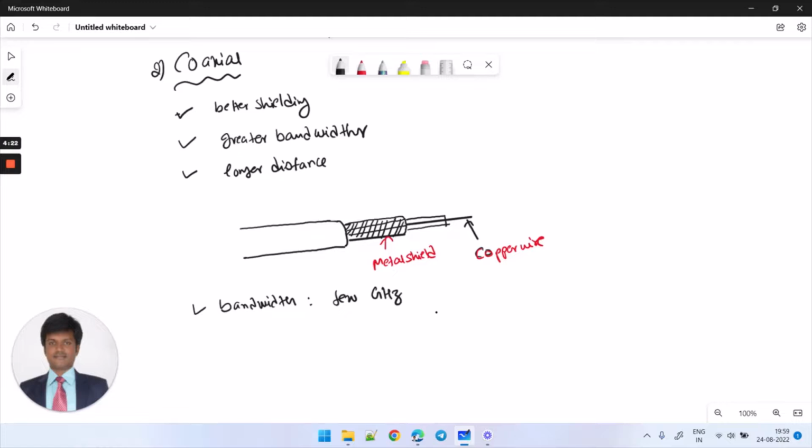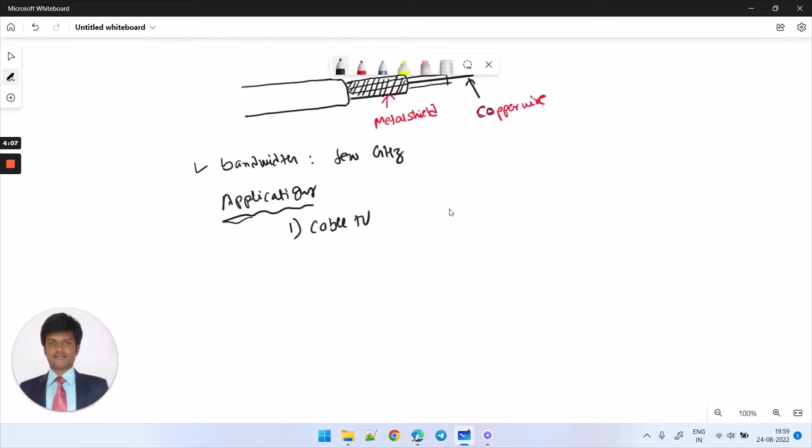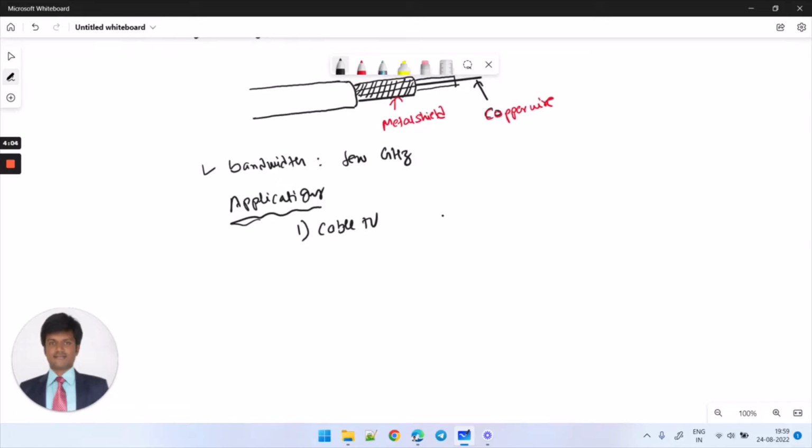The popular applications for coaxial cable: the first one is cable TV. The second, suppose you want to construct a metropolitan area network, the coaxial cable is preferable because it provides higher bandwidth, so it can support data transfer over longer distances.